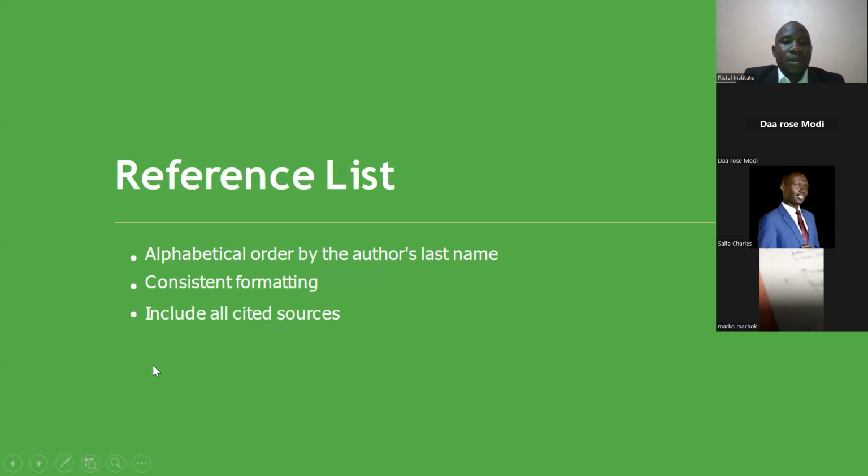Okay. Be consistent in your formatting. That means make sure that your work looks the same. Some of you send me work, for example, research proposals, and the proposal is in Times Roman up here, and when you go down, it is in Calibri.